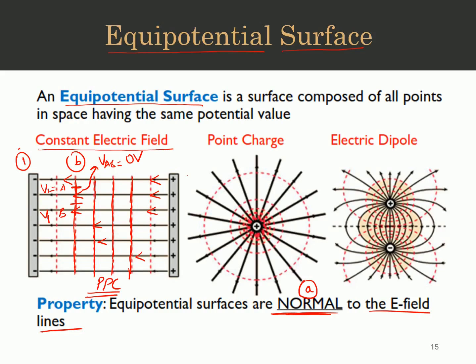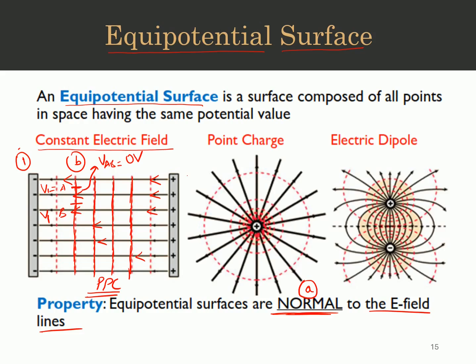So an equipotential surface has the same potential on its lines, or the potential difference between any two points on that line is equal to 0. This is what is meant by the equipotential surface.